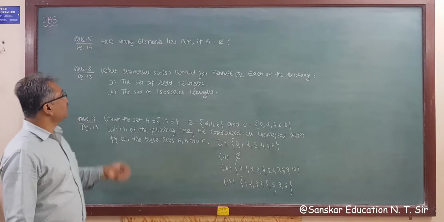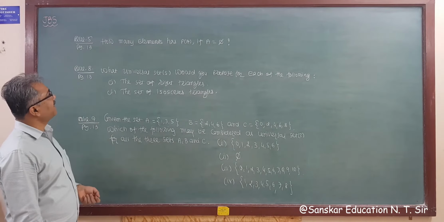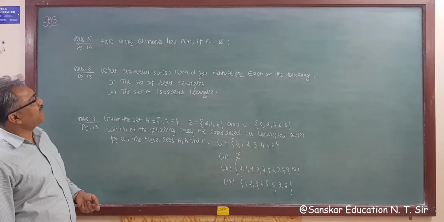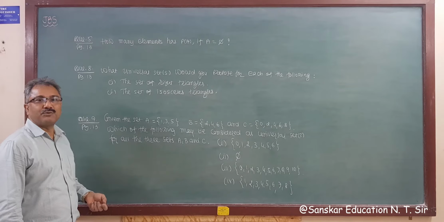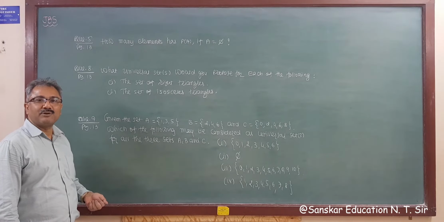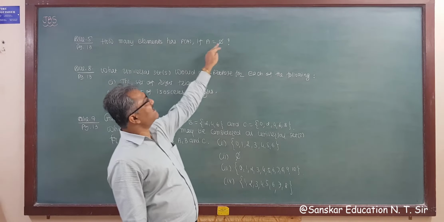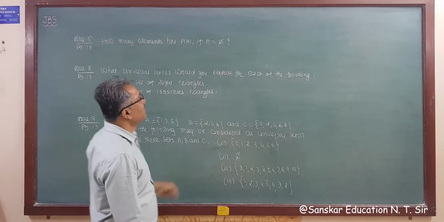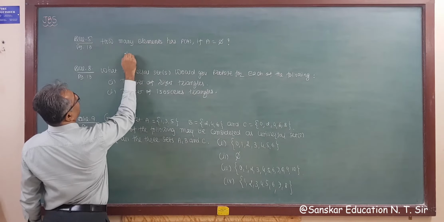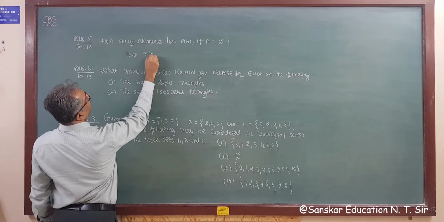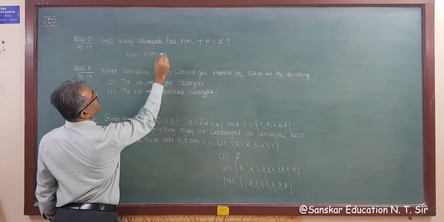Okay, so question number 5, page 13. How many elements has the power set of A if A is equal to the empty set? If A is the empty set, that is, set A has 0 elements. So here the number of elements of A is equal to 0.